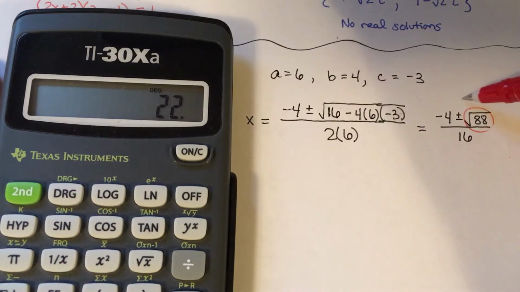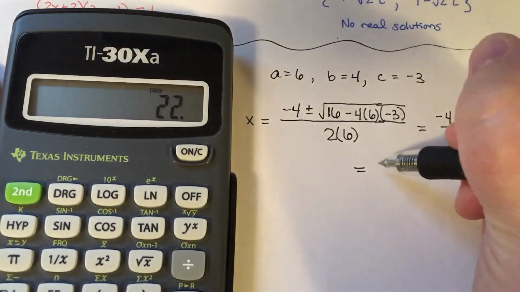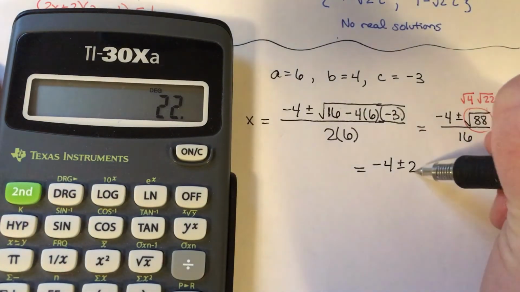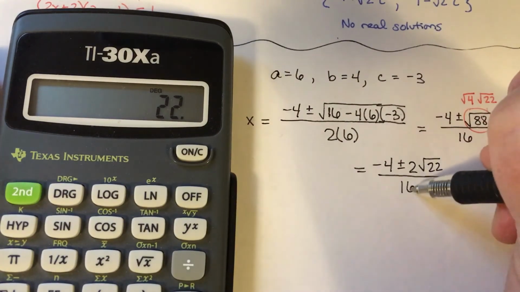So when simplifying square roots, I only care about perfect squares. Like 4 and 16 and 25. 22 doesn't have any of those in there. So this is how we're going to simplify it. And what I get once I do the square root of 4 is -4 plus or minus 2 square root of 22 all over 16.